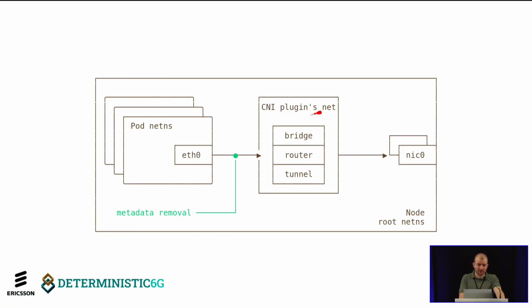So in the CNI plugins' network, we lost the metadata even before it reaches it. And when it comes to the physical interface, if the packet leaves the node, we don't have the timestamp and priority anymore.